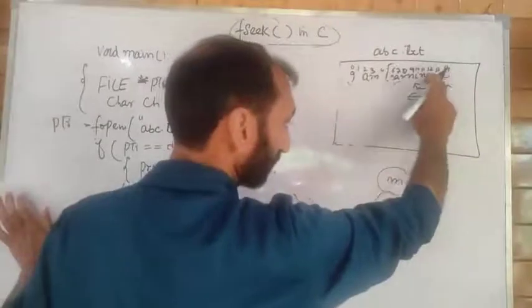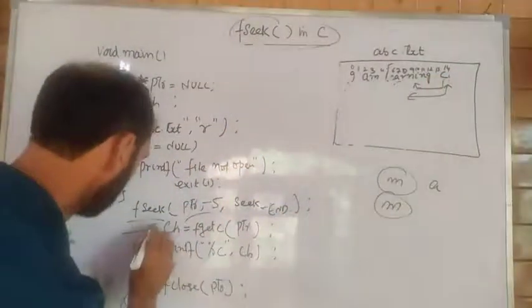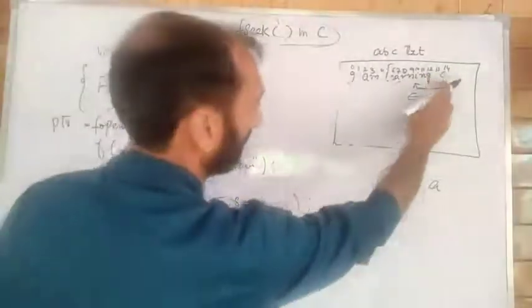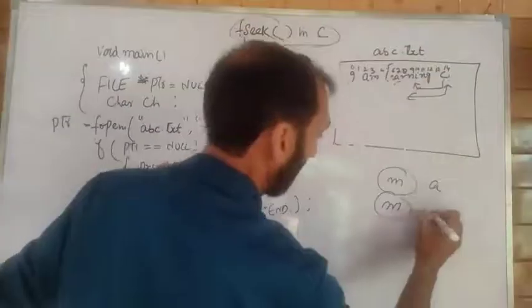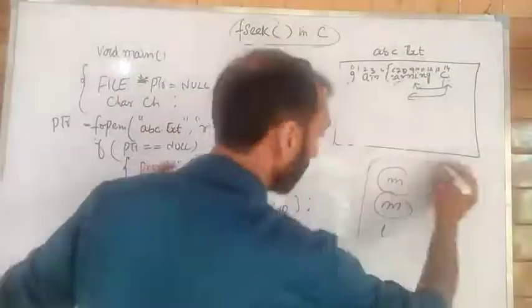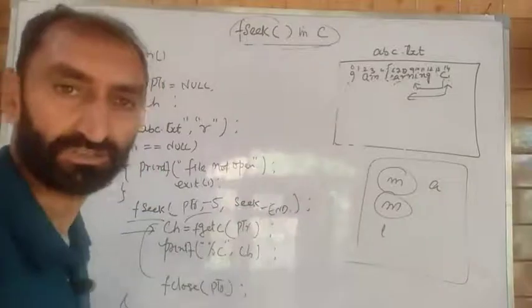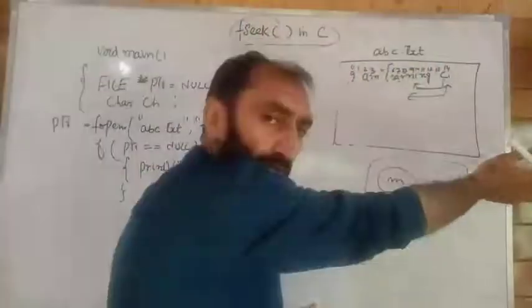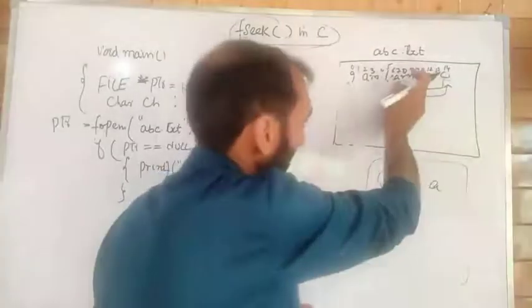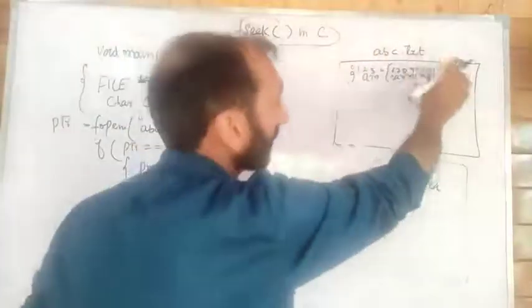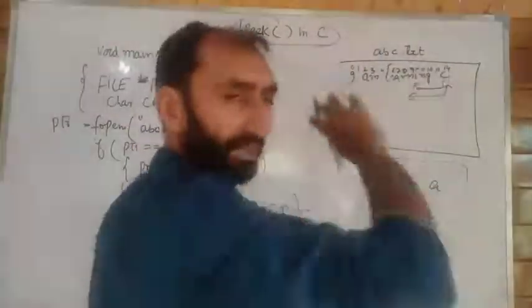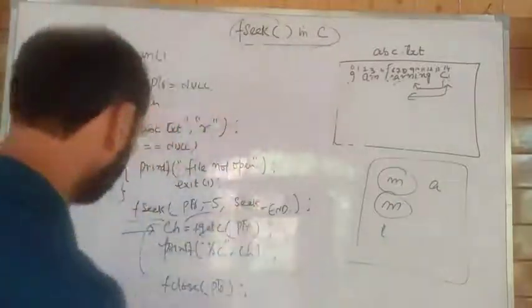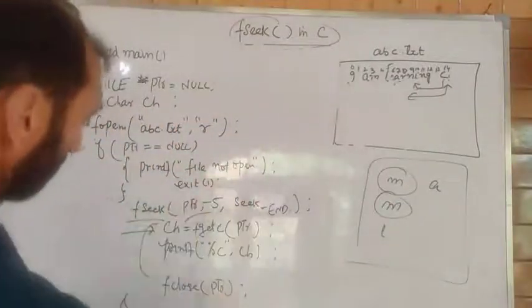And after execution of this, it will print I. So these are the 3 cases: either the cursor can be moved from the beginning forward, or from the current location forward and backward, or from the end backward. All 3 cases I have now discussed with you.